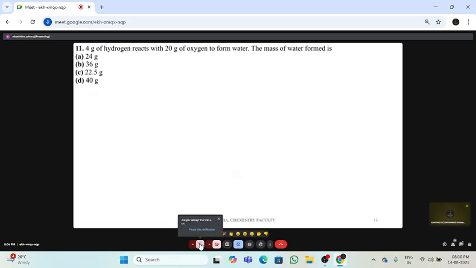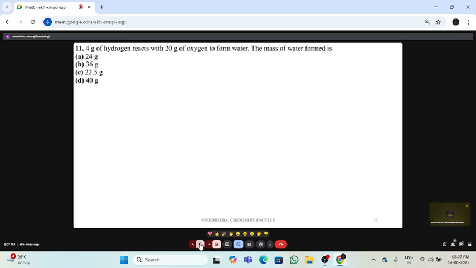This is the question from limiting reagent and it is very easy. Try solving this, Kanna. 4 gram of hydrogen reacts with 20 gram of oxygen to form water. The mass of water formed is dash.